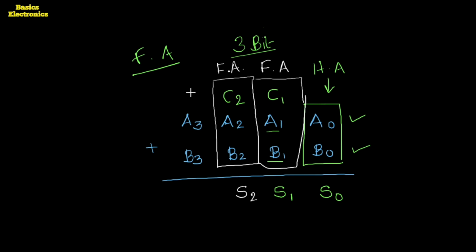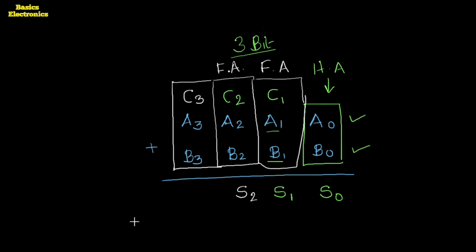The carry generated, C3, we add to the next column. At the next column we again have three binary bits, which are added using a full adder.